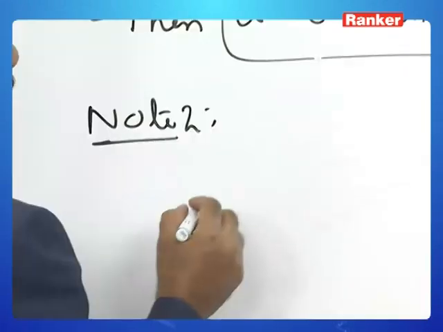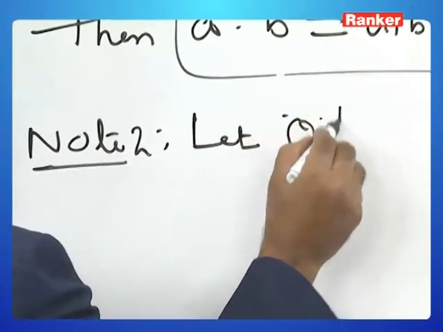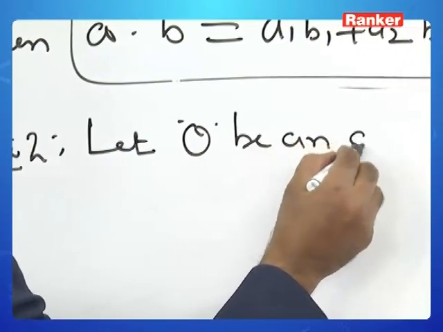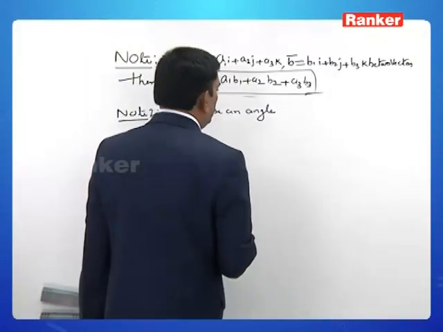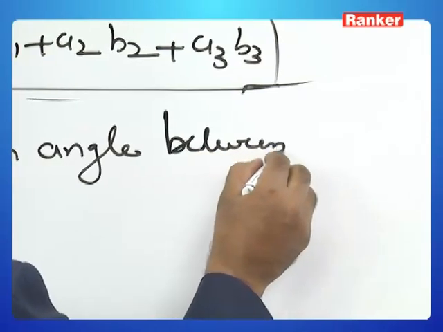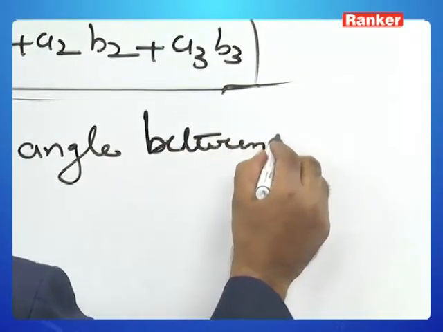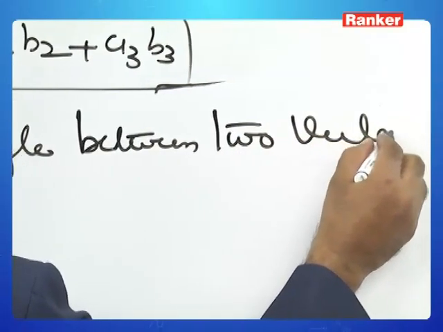With this definition, note 2. Let theta be an angle between two vectors.